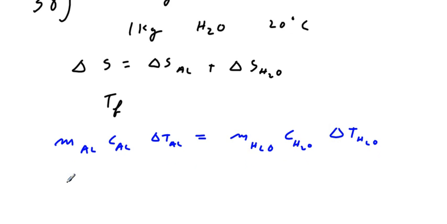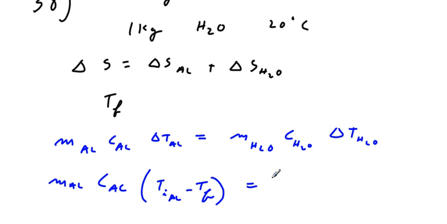So we have mass of aluminum, specific heat of aluminum, temperature initial of the aluminum minus temperature final, equal to mass of the water, specific heat of the water, final temperature minus the initial temperature of the water.